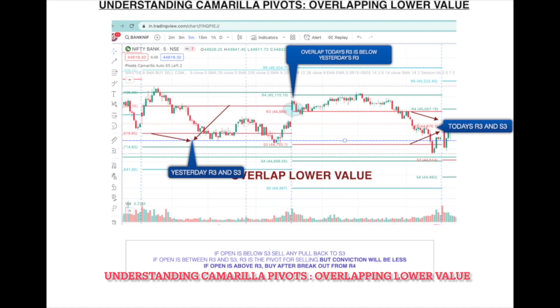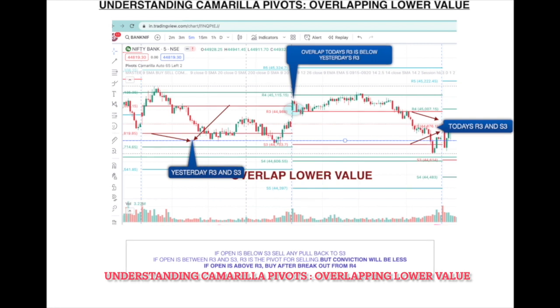Now here also there will be 3-4 conditions. The first condition we are all aware of: if the market opens above R3, what will you do? If the breakout happens above R4. Here the market has opened above R3, and you will buy only when the market crosses R4.